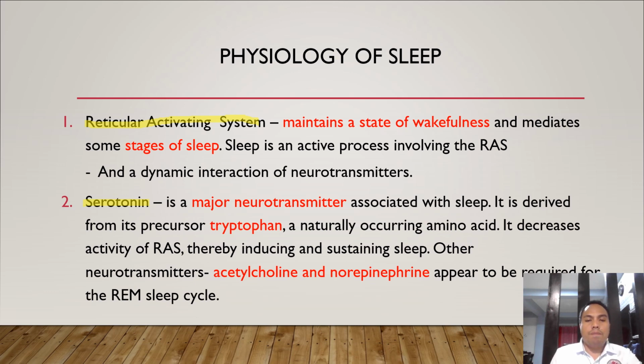It is derived from its precursor tryptophan, a naturally occurring amino acid. It decreases activity of the reticular activating system, thereby inducing and sustaining sleep. Other than that, acetylcholine and norepinephrine appear to be required for our REM sleep cycle.